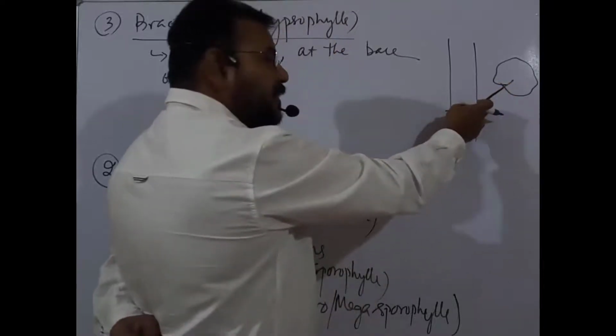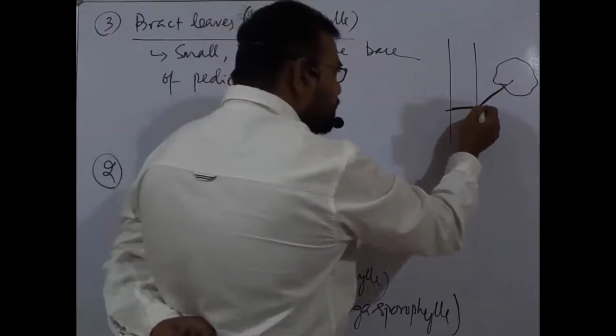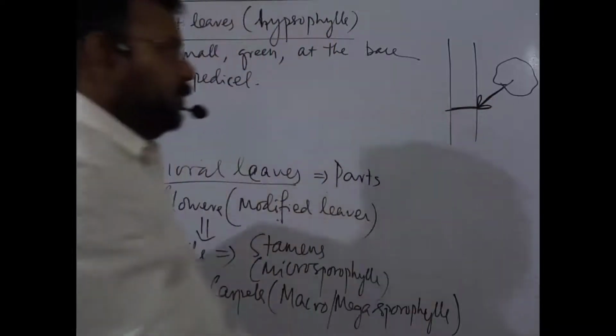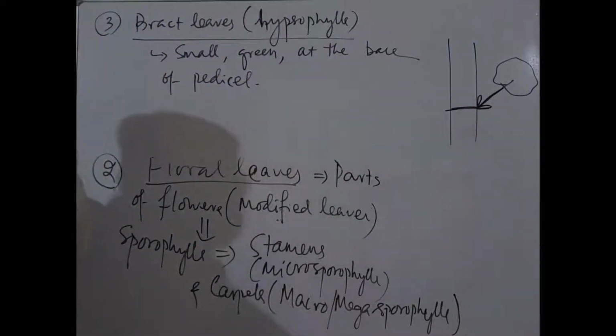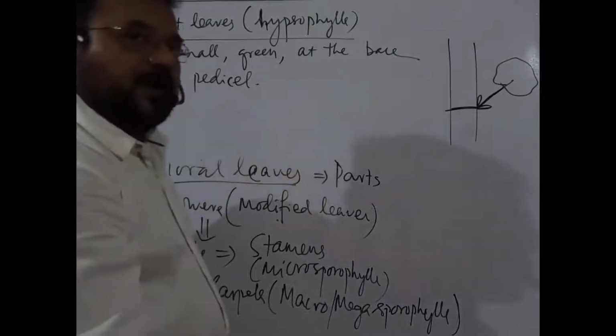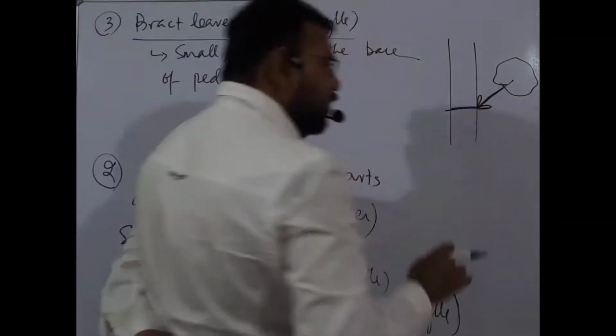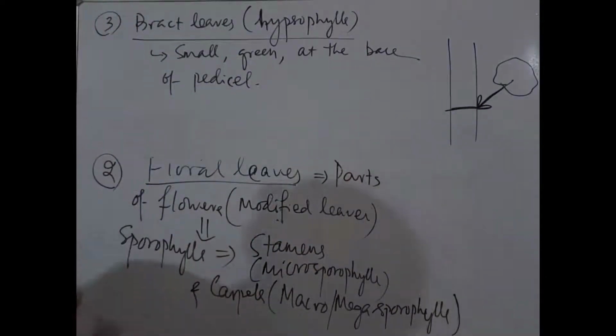At the base there are small green structures, known as bracts or bract leaves, also called hypsophylls.